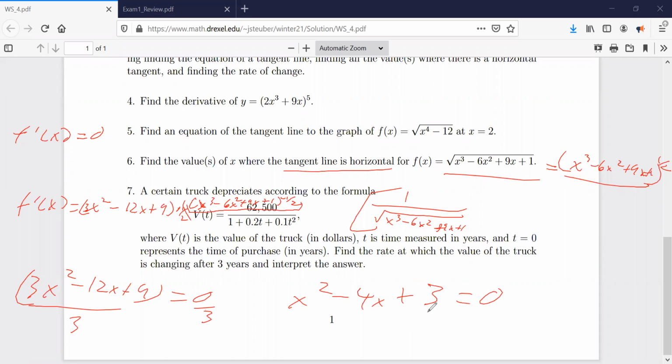I need two things that multiply to give me 3 and add to give me negative 4. So that's going to be x minus 3 and x minus 1, right? So that tells me x is equal to 3 or x is equal to 1. And those are the only 2 points where the tangent line of f of x is going to be horizontal. Does that make sense to people?